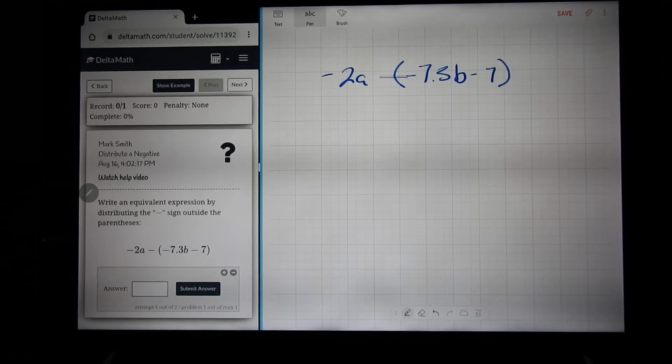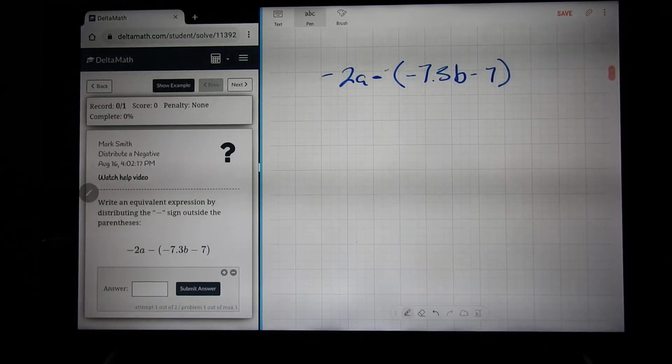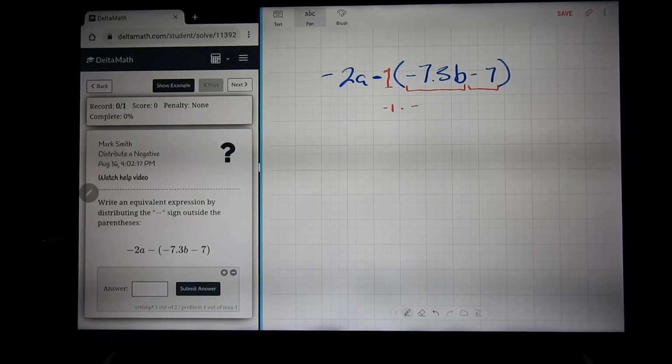We see a negative here, but there's actually an invisible 1 right in front of it. So we're taking this negative 1 and multiplying it by each of the terms inside the parentheses. We're going to have negative 1 times negative 7.3b, and also negative 1 times negative 7.